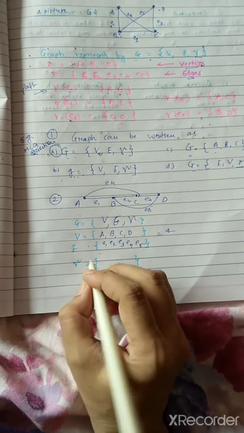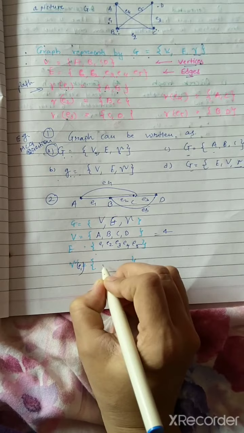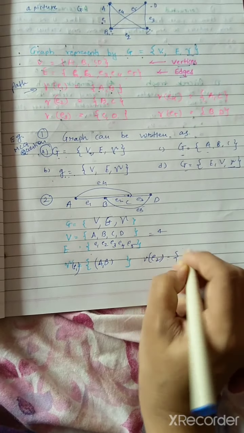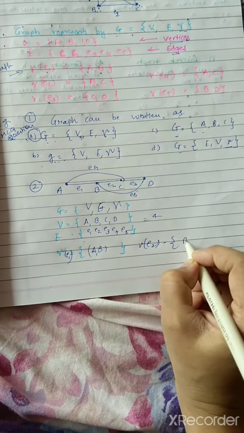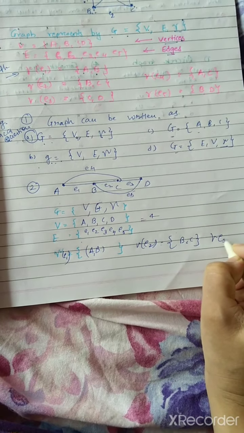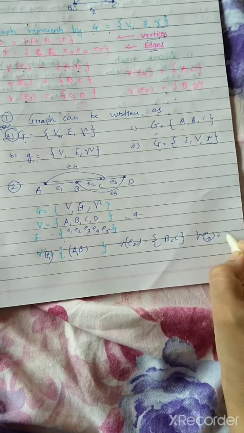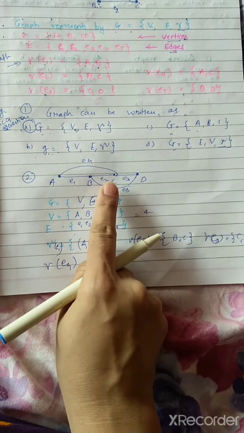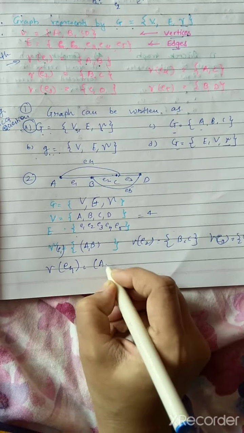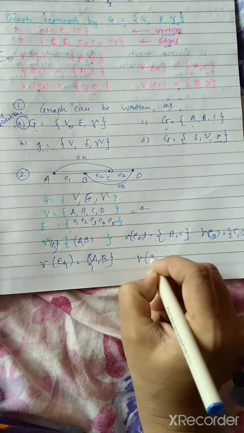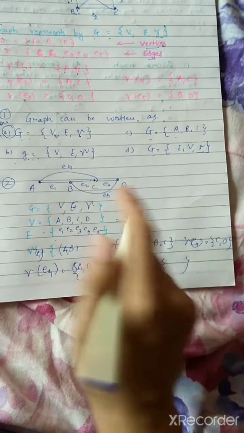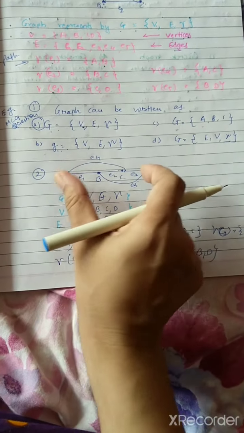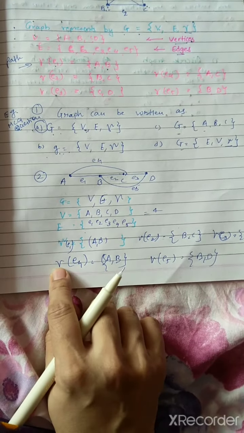Now the gamma function, that is path. Gamma of e1 we can write as A, B, since e1 is A to B. Gamma of e2, e2 is B to C, so B comma C. Gamma of e3, e3 is C to D, so you will write C comma D. Likewise, gamma of e4, e4 is A to C, so A comma C. And gamma of e5 will be B to D. So in the exam, one graph will be given to you and the question will be like, what is gamma of e4?